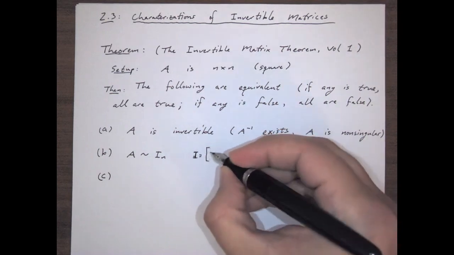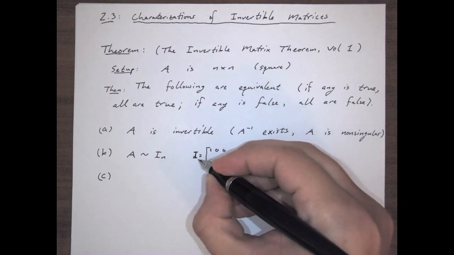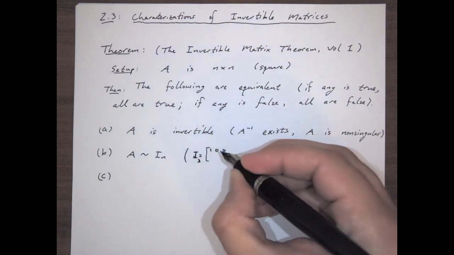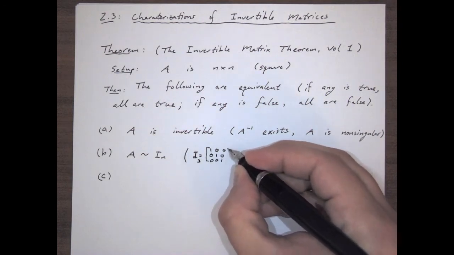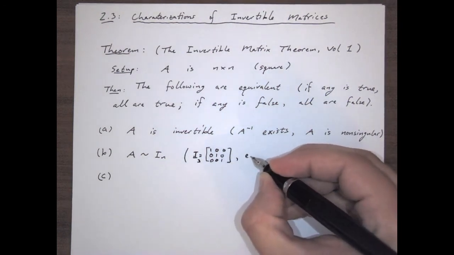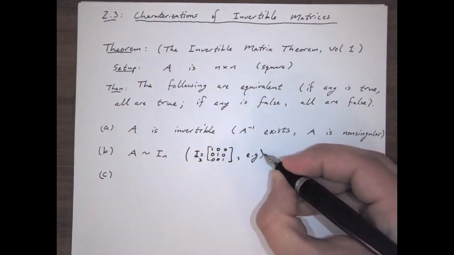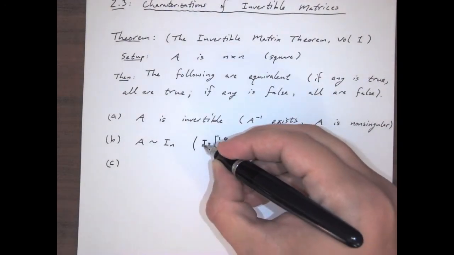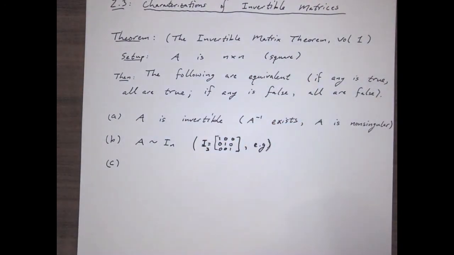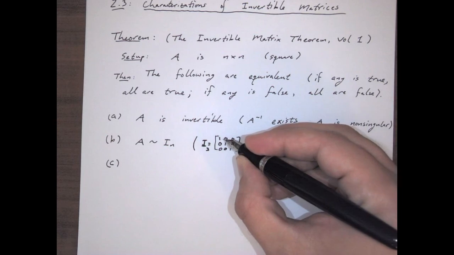So remember, the identity matrix just means like 1, 0, 0. Let's say I3, just for example. 0, 1, 0, 0, 0, 1, for example. So we would have to be able to row reduce down to the identity. But wait, what does that mean? Well, if we think about the row reduction, this is the ultimate in RREF.